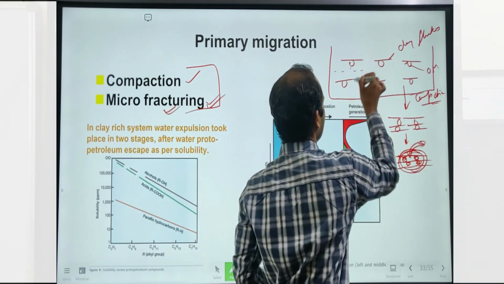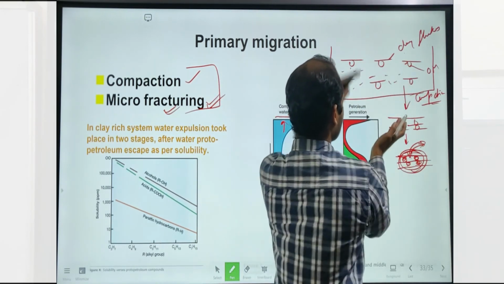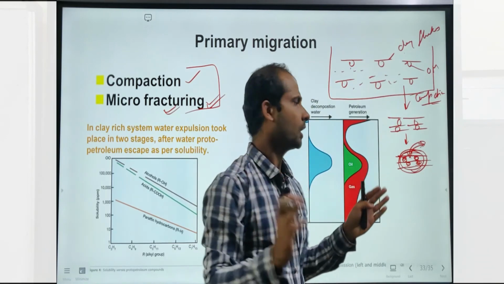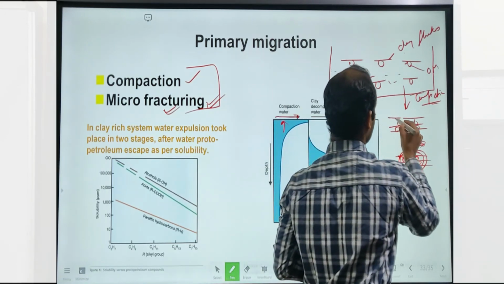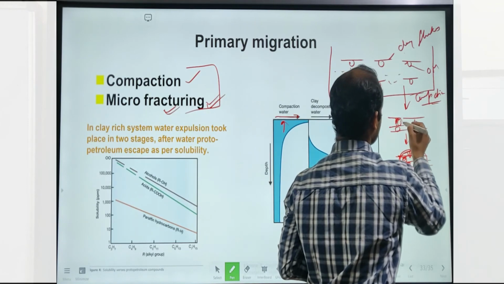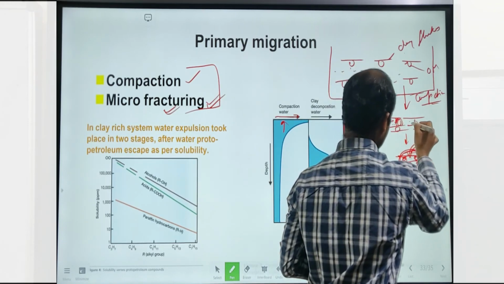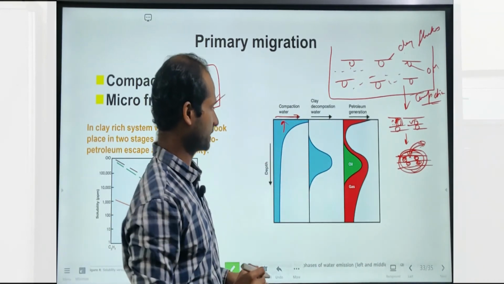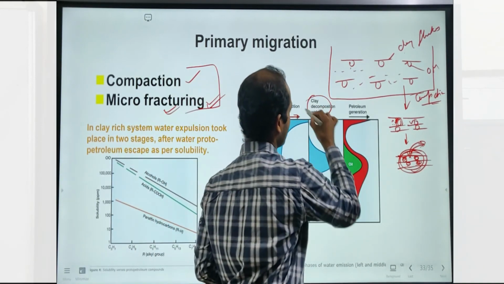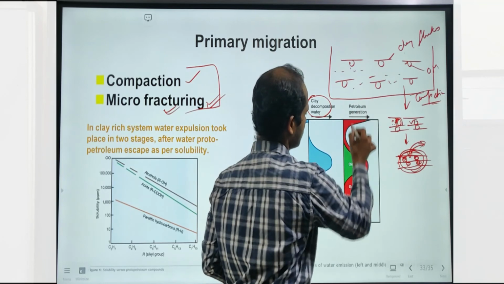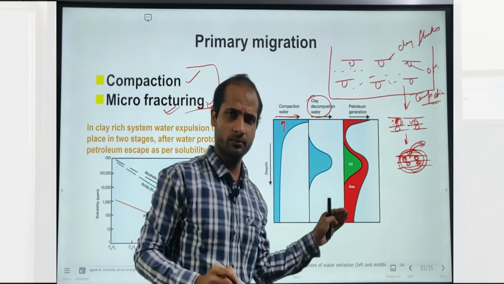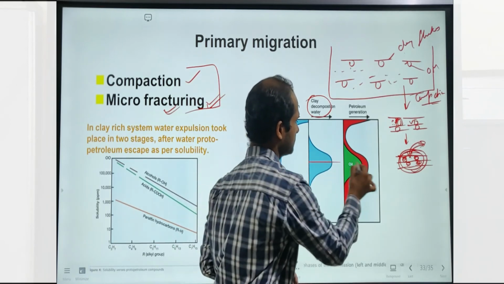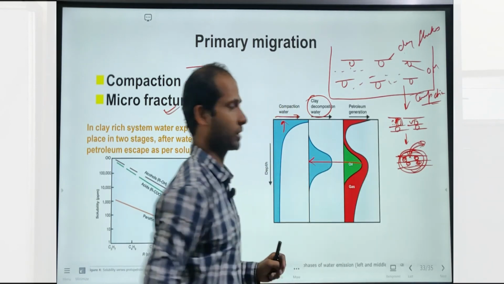In between there will be some water molecules. During initial compaction maximum water will escape out, but some clay bound water and some intergranular water will remain along with organic matter, and they escape in the later stage during petroleum generation, at the time of escape of hydrocarbon.